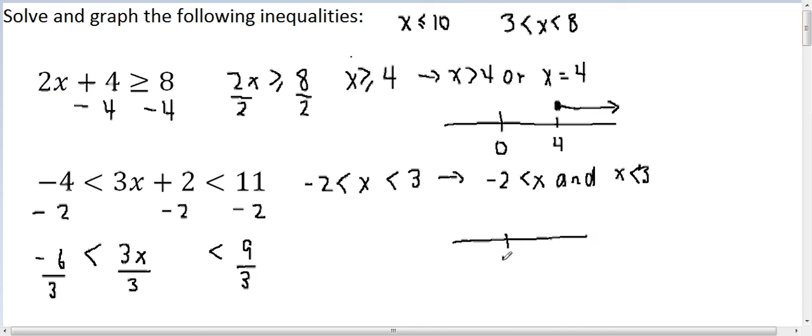On a number line, we can represent these numbers by a line segment without the two endpoints because we're excluding minus 2 and 3, but want to include all the numbers in between these two numbers.